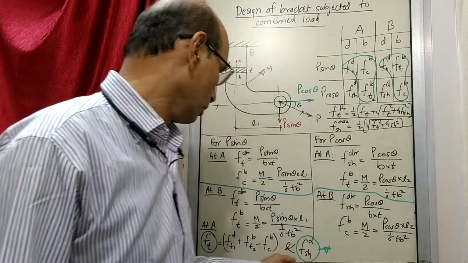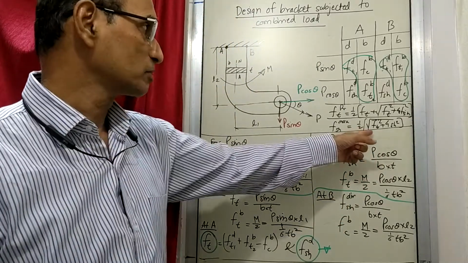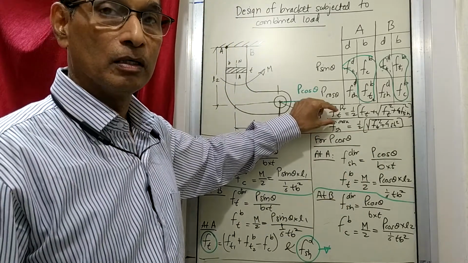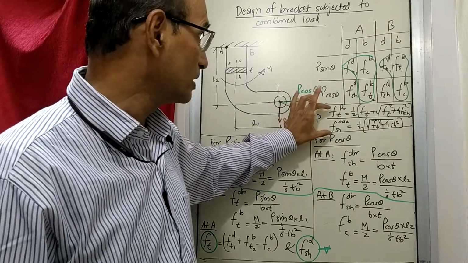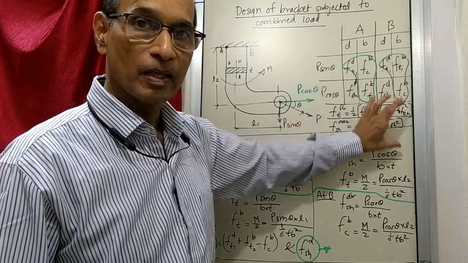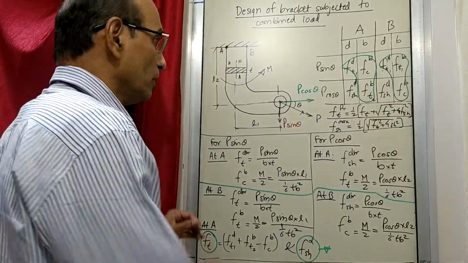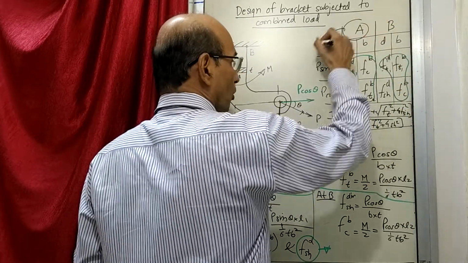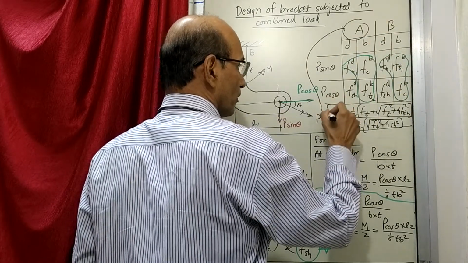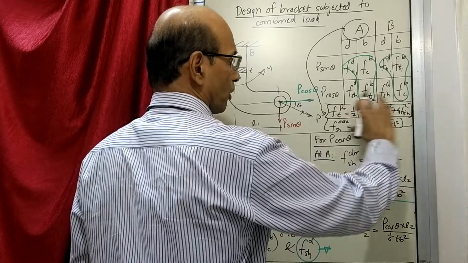Okay, so that way you will combine these two stresses by this formula and find out the resultant shear maximum stress at A. So everything is at A. Okay, now same thing we will have to carry out by using these values. See, I have done everything for A. So this whole thing is for A.